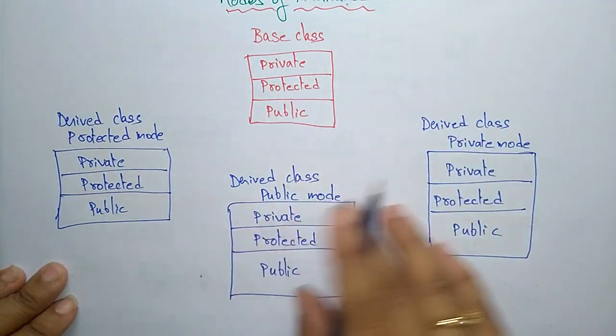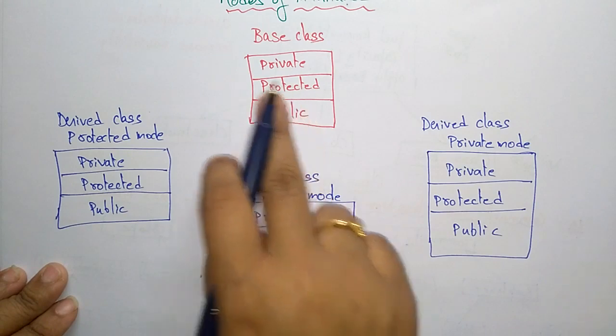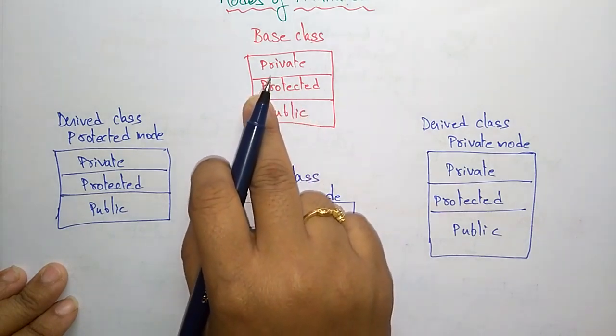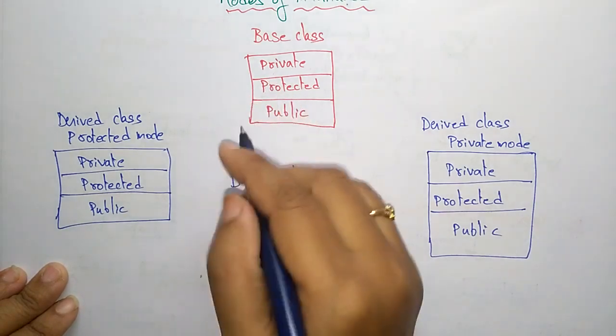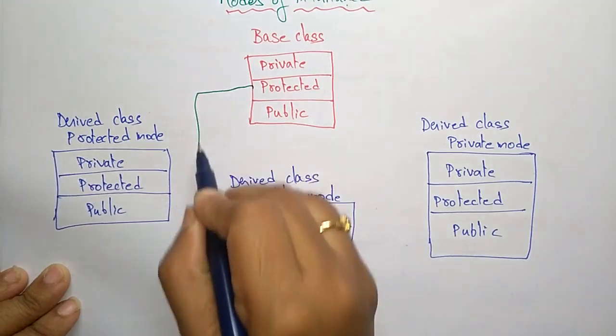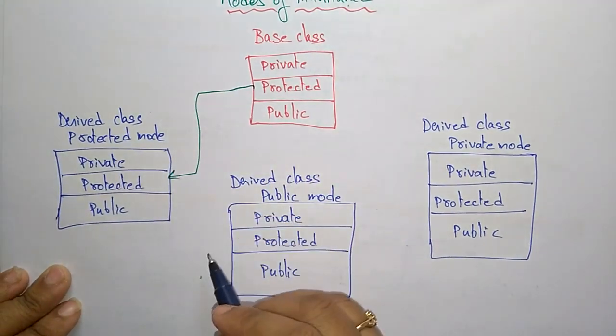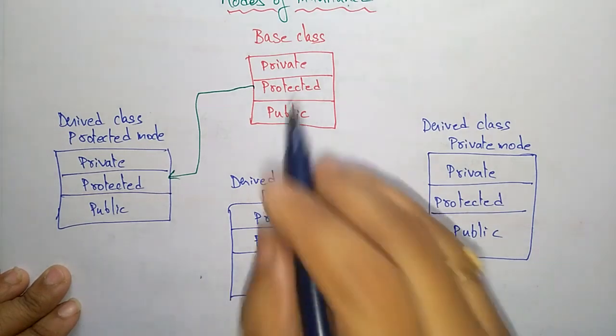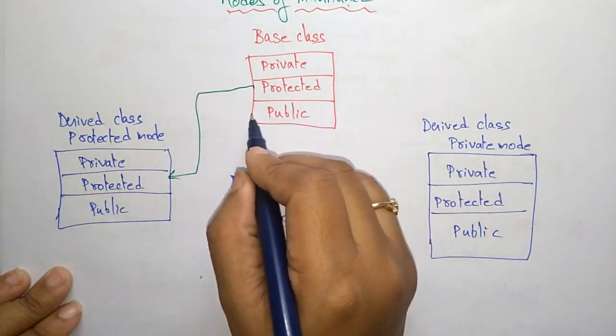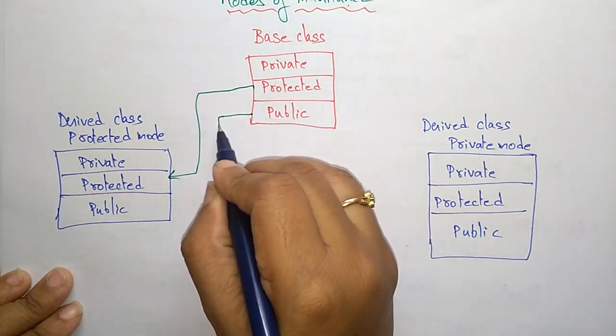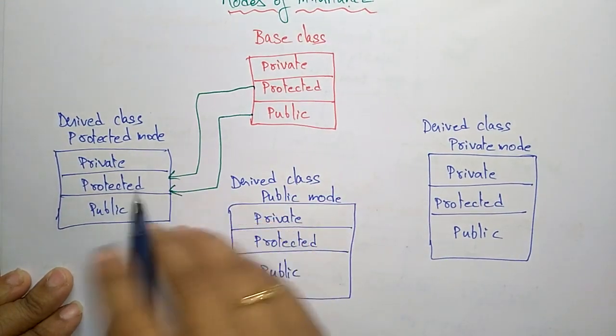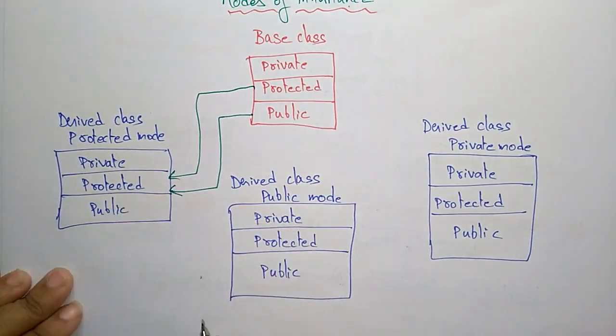So now let us see. If the base class data member is protected, then in the derived class also it should be protected. If the base class member is public, in the derived class it is also protected.